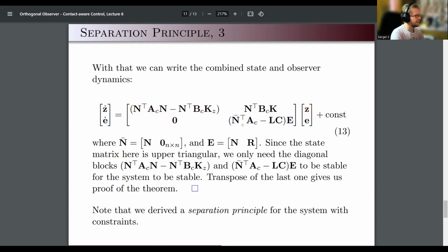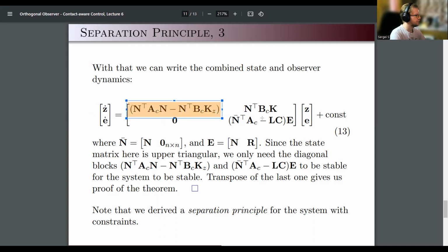Now this is done. And now we have a key observation, which is a linchpin of our Luenberger observer design and many other things that we do in control. And that is the fact that this matrix is upper block triangular.